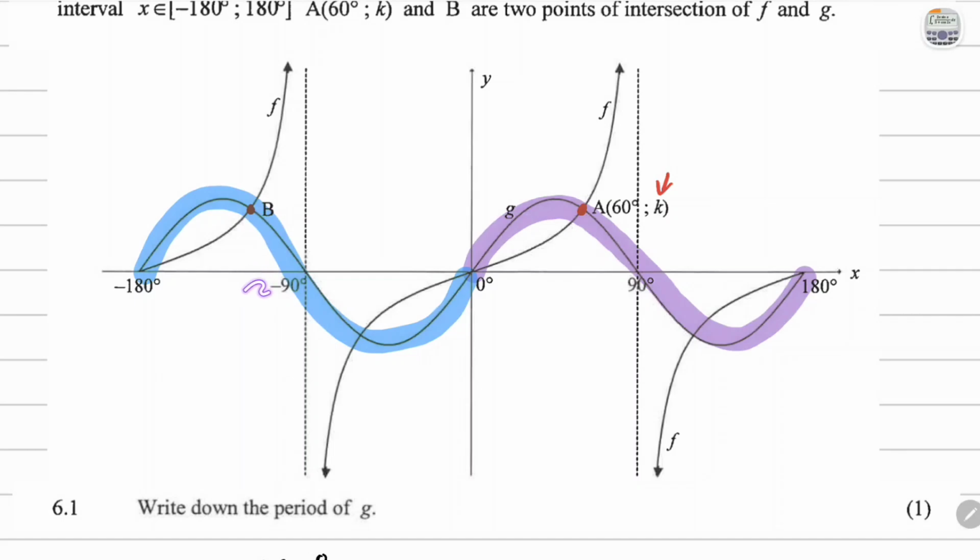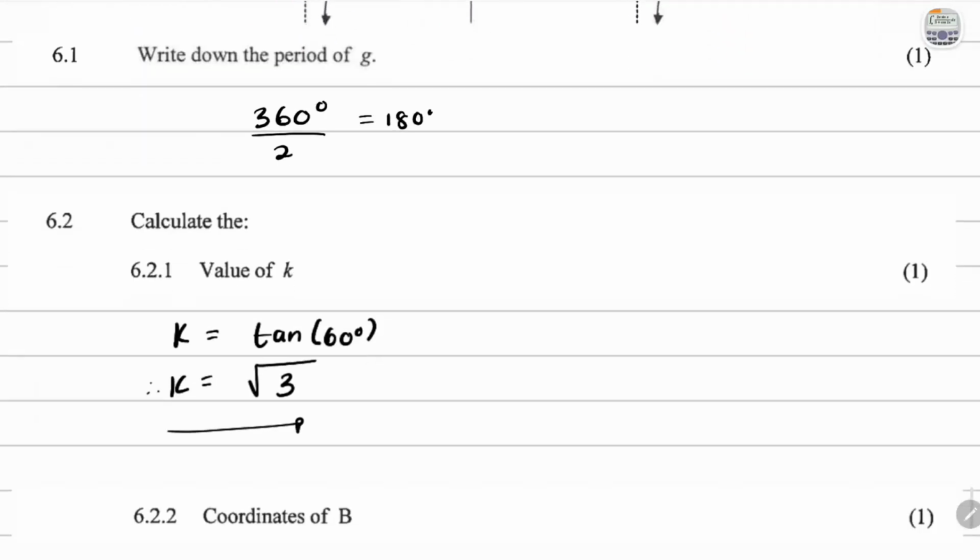If it's 180 degrees before this, we are moving to the left, so the only thing changing is the x value. The y value is going to stay exactly the same, so we already know it's the square root of 3. The x value will be 180 degrees backwards, which is minus 180 degrees. You take it from where it is, at 60 degrees, and say minus 180 degrees.